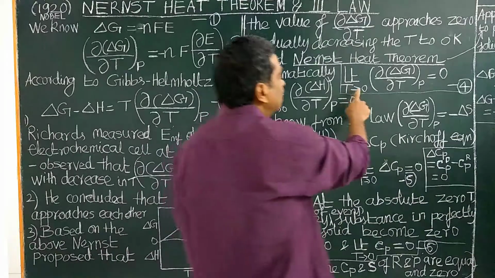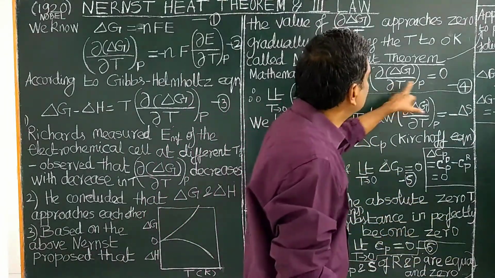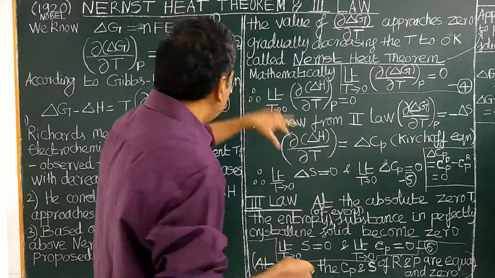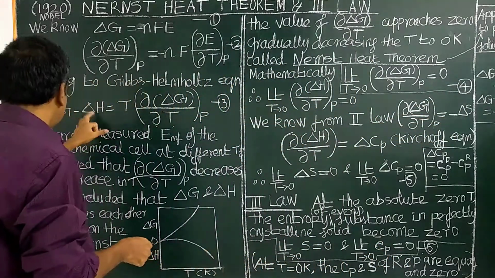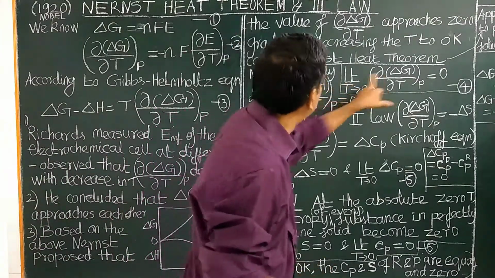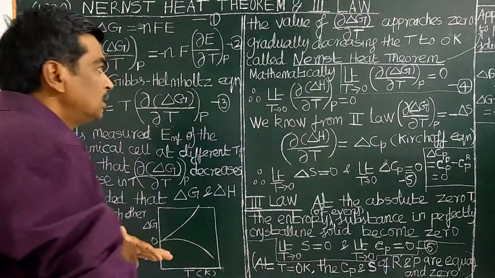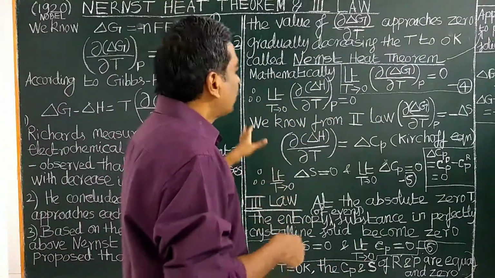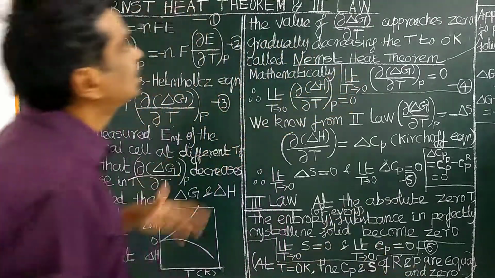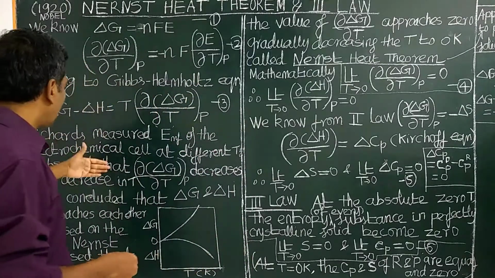Similarly, limit T tends to 0, dou delta H by dou T at constant pressure is also equal to 0. These are the mathematical forms of the Nernst heat theorem, derived from the above.